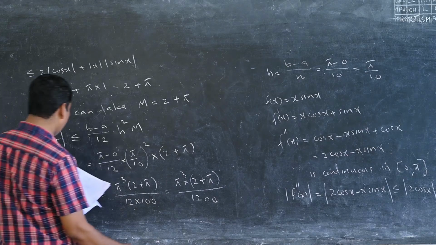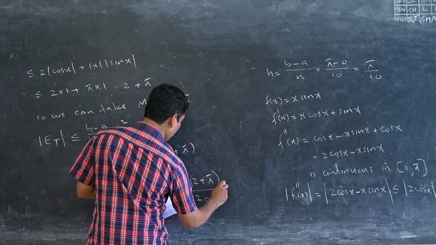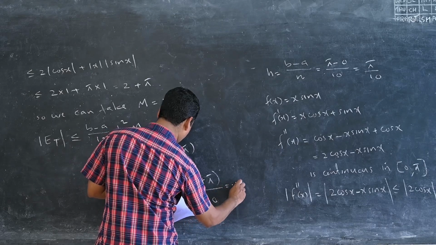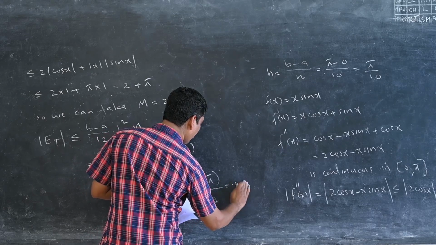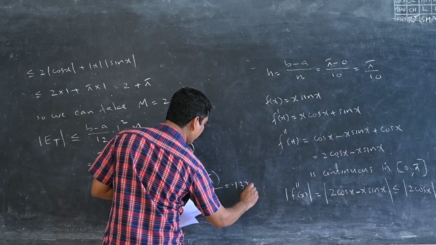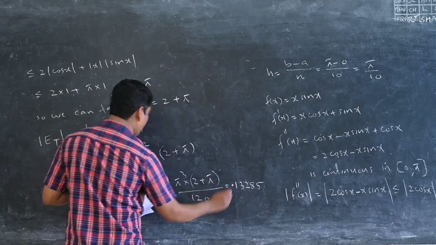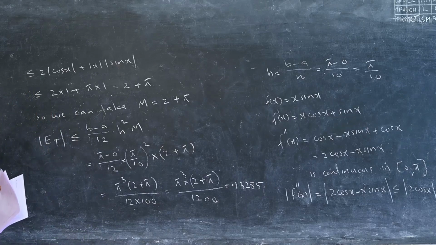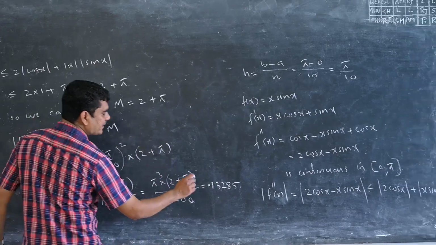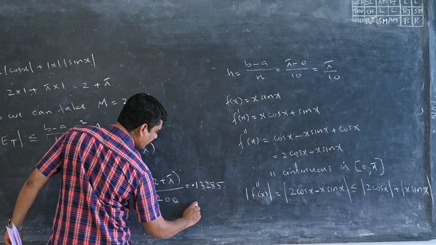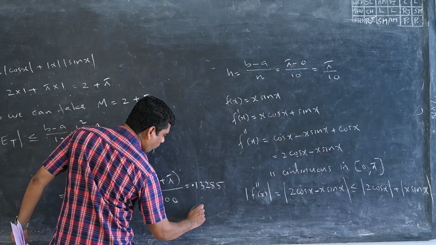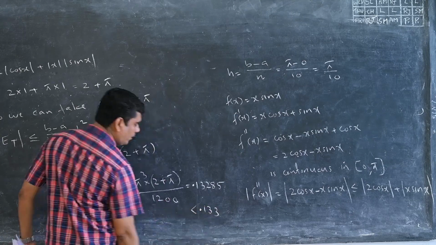This value is 0.13285. So we have mod E of t less than 0.133.